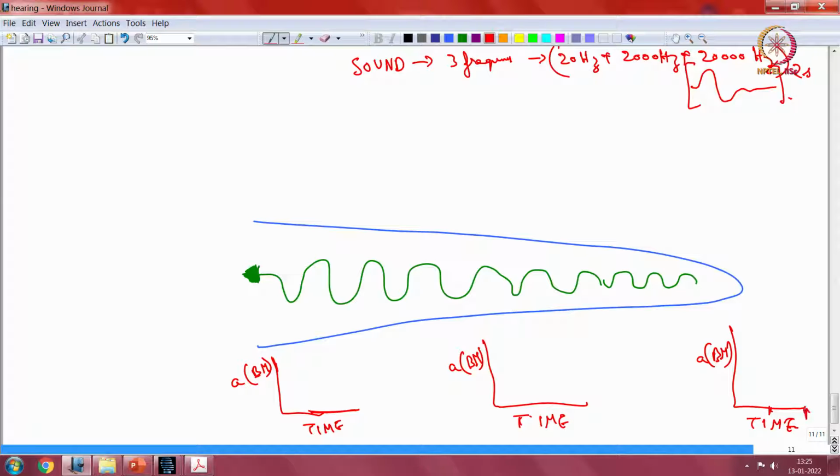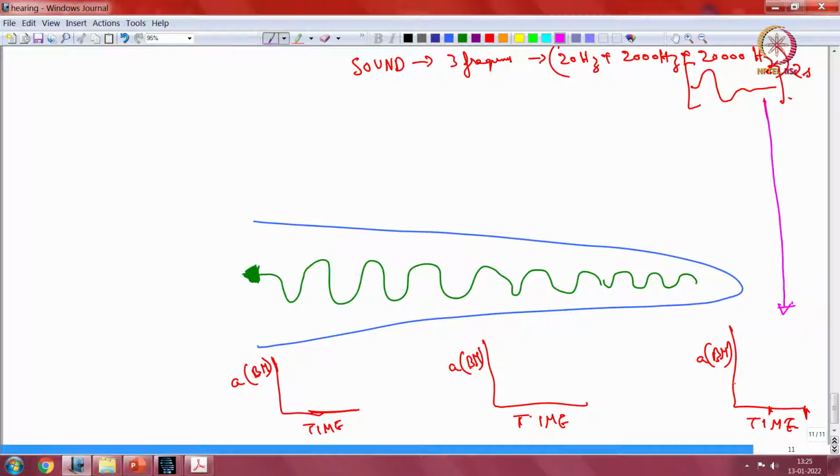Between 0 and 2 seconds, when this particular wave reaches this particular area, the 20 hertz signal is picked up.